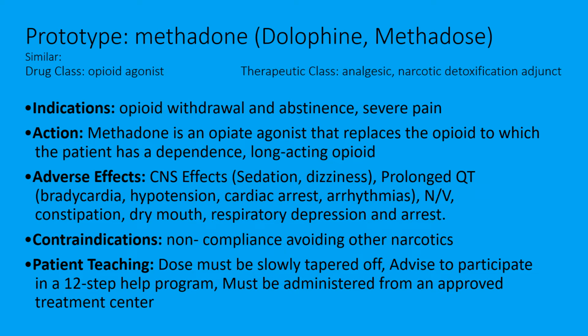Okay, so why do we use methadone when someone is withdrawing from an opioid, or someone is trying to remain abstinent from another opioid but is now taking methadone? You could ask yourself and say, well, really, they're just taking another opioid, so what's the difference? Well, there is a difference.